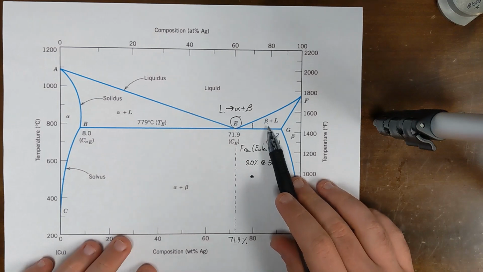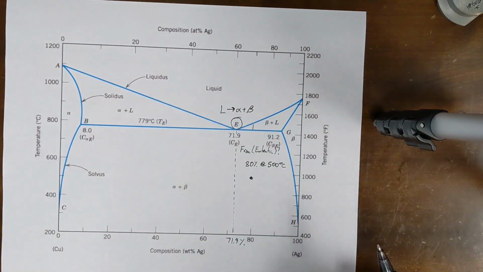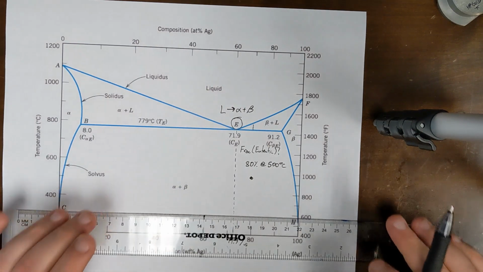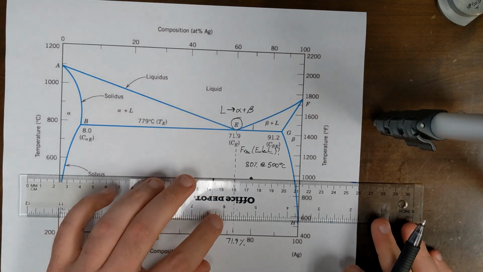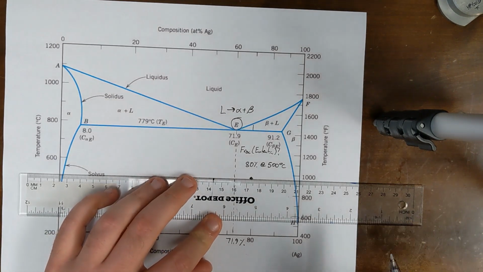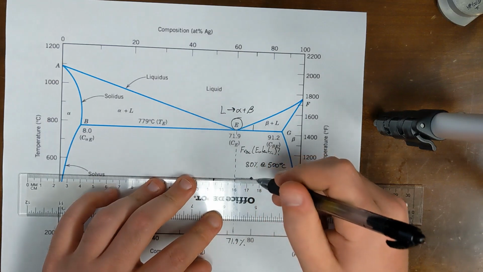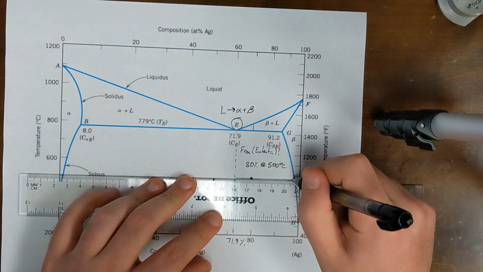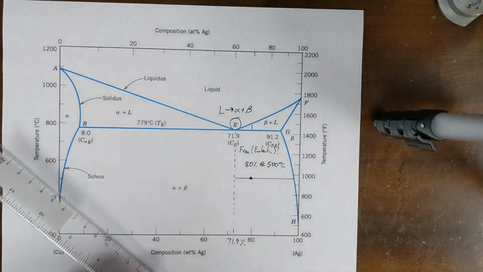One is beta, right? And then one is eutectic, alpha plus beta. So we can still do the lever rule on this, except now, instead of drawing between the alpha and beta, we're going to connect the beta phase and the eutectic composition, right? Which is the composition that eutectic forms at. Okay?